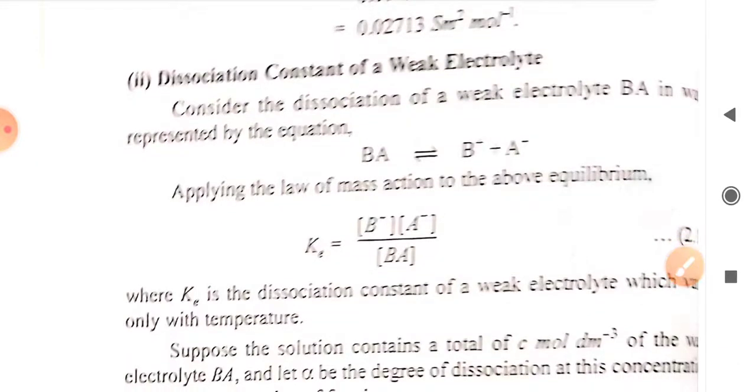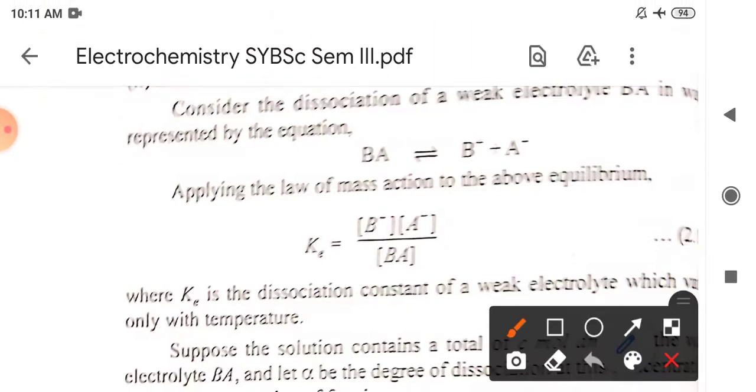Now consider the second application, which is the dissociation constant of a weak electrolyte. Previously we have seen what is meant by dissociation constant and formation constant. The dissociation constant can also be simply called the equilibrium constant, Ke.